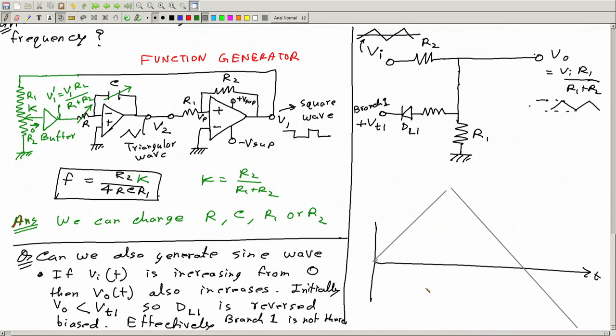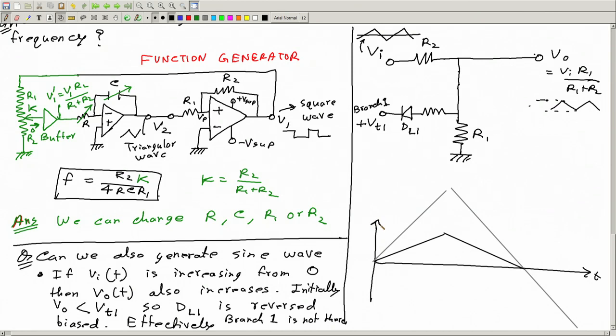Okay, and so Vo will therefore also be increasing, but at a slower rate because of this potential divider. If R1 is equal to R2, then this slope will be half, output will be half of input. So this is supposed to increase like this, and it will increase like this initially.